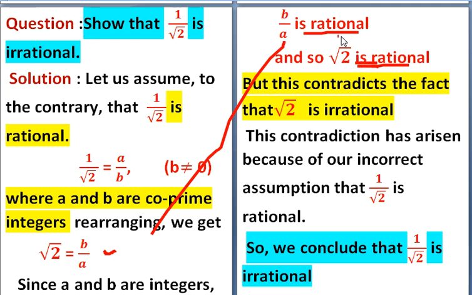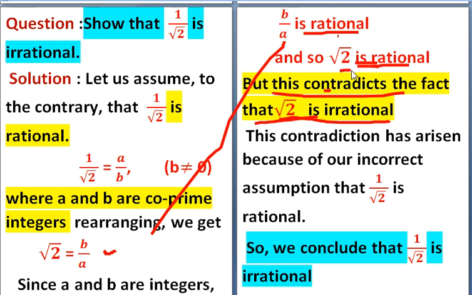So root 2 is rational, because b by a is rational, and we know that root 2 is irrational. But this contradicts the fact that root 2 is irrational.